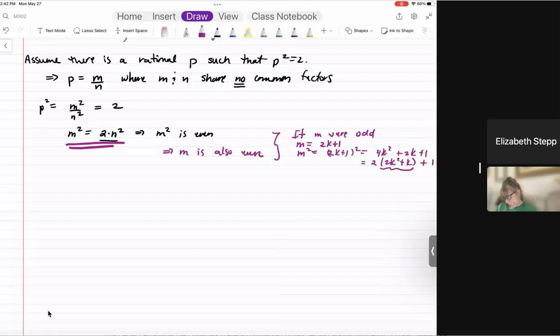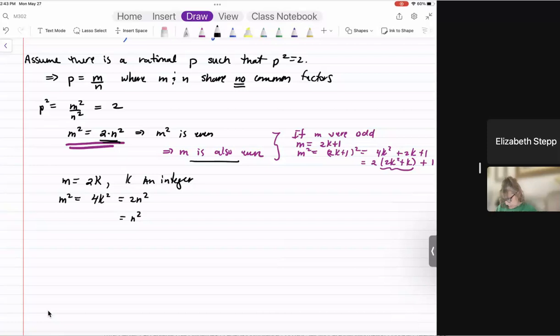So if m is even, that means m can be written as 2 times k for some integer k. And that means m squared is equal to 4k squared, which is also equal to 2n squared, or n squared is equal to 2k squared.